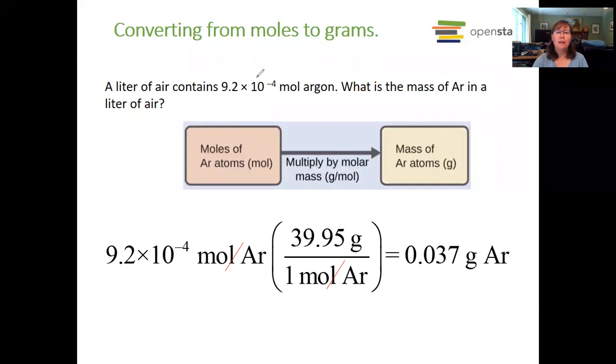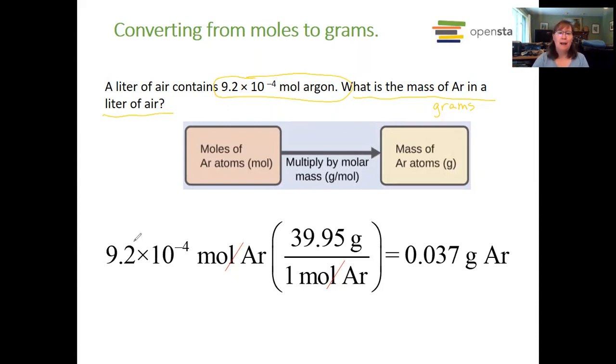So that's in 1 liter. And then it says, what is the mass of argon in a liter of the air? If they don't specify what they want for the mass, you can usually assume that they're looking for it in grams. If they wanted it in milligrams or micrograms or kilograms, then they'd specify that.